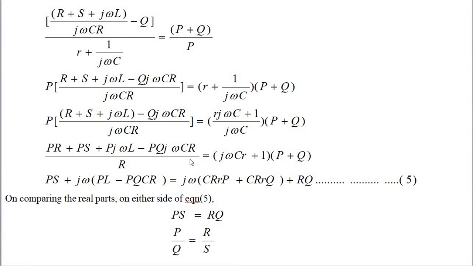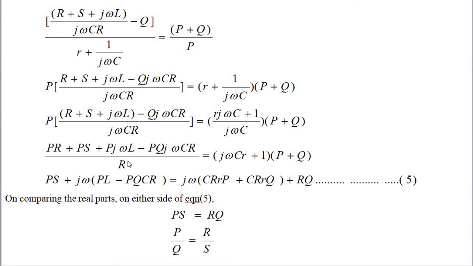So this R goes to the numerator on the right hand side. So j omega common, that is C into R into small r P plus R into C R R Q plus R Q.